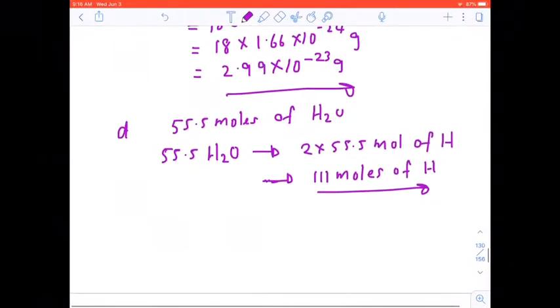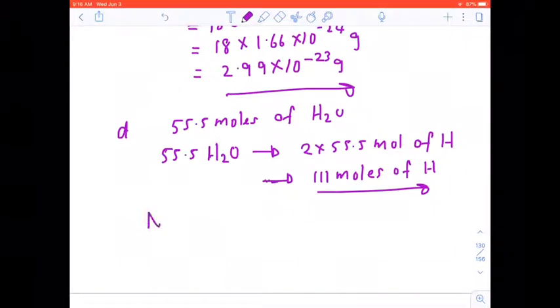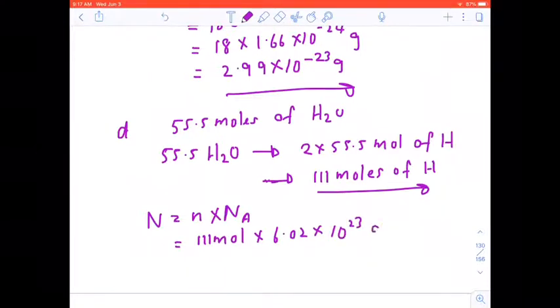If I want to know now the number of molecules, so N is equal to n times Na, which is equal to so many moles of hydrogen times 6.02 times 10 to the 23. Now see, I want atoms per mole. Hydrogen atoms.